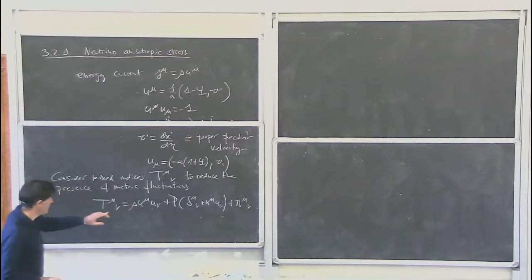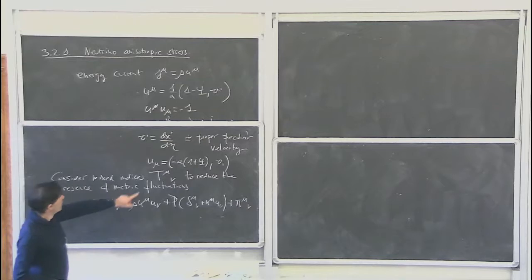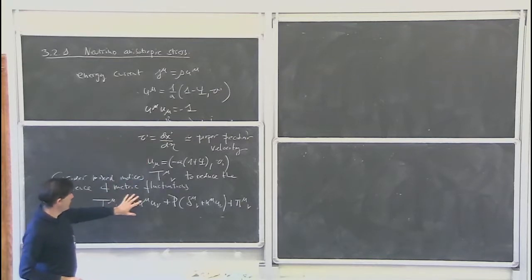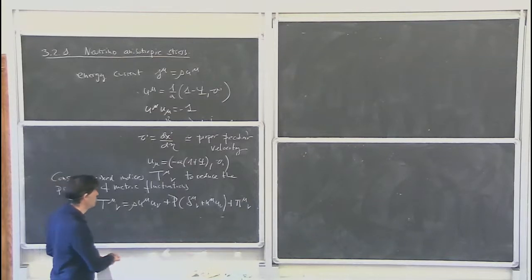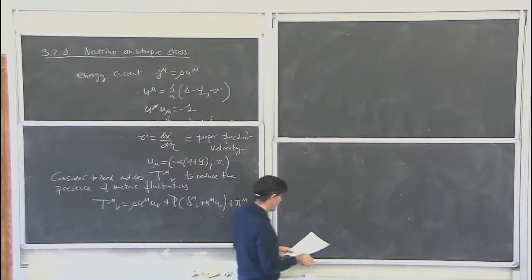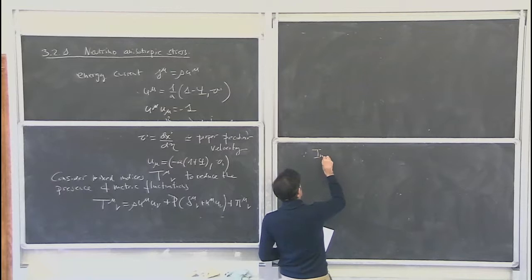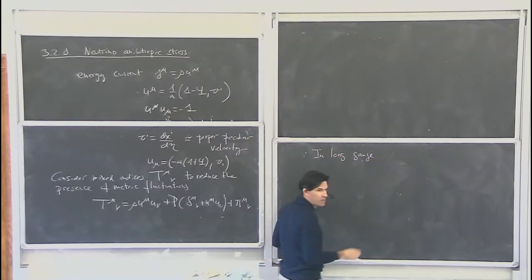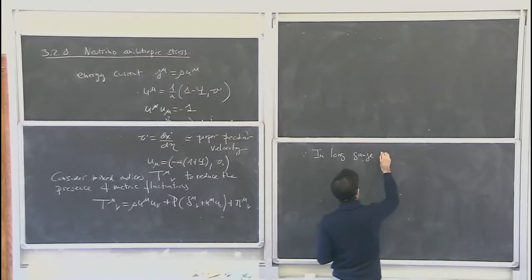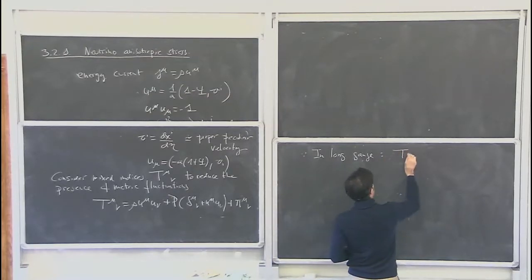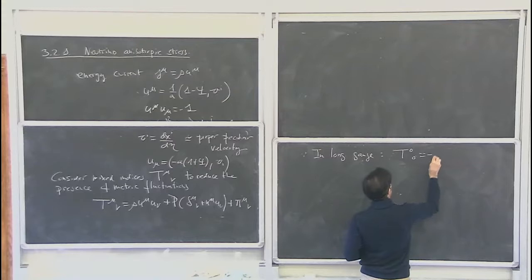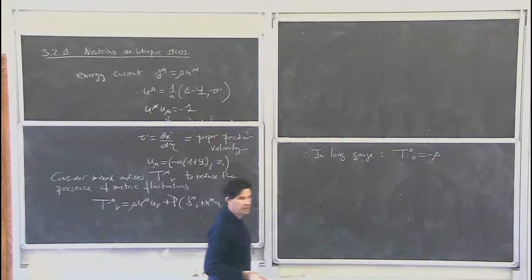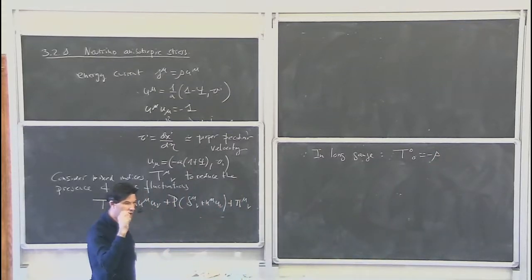Okay, and then you just substitute this four velocity inside this expression, and you find the following. So in Newtonian gauge, obviously, or longitudinal gauge, that we have been using throughout. So the first, the time component is just minus the energy density.